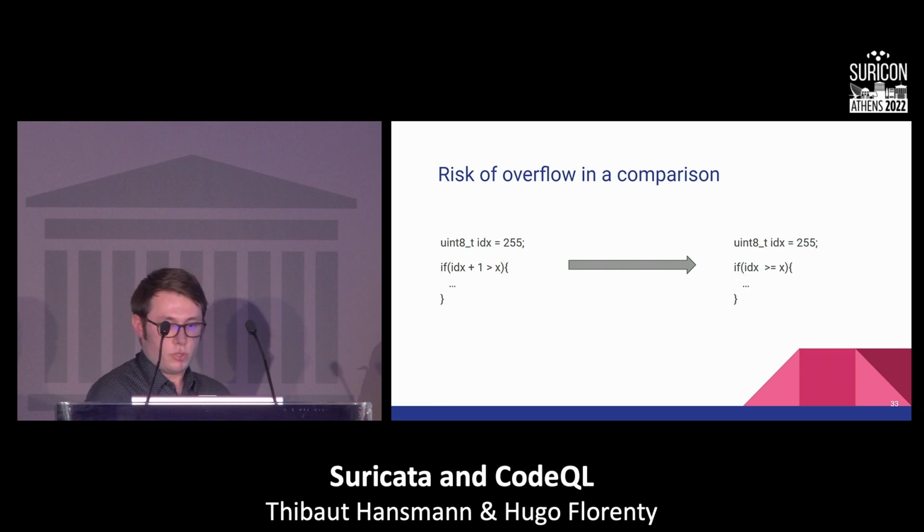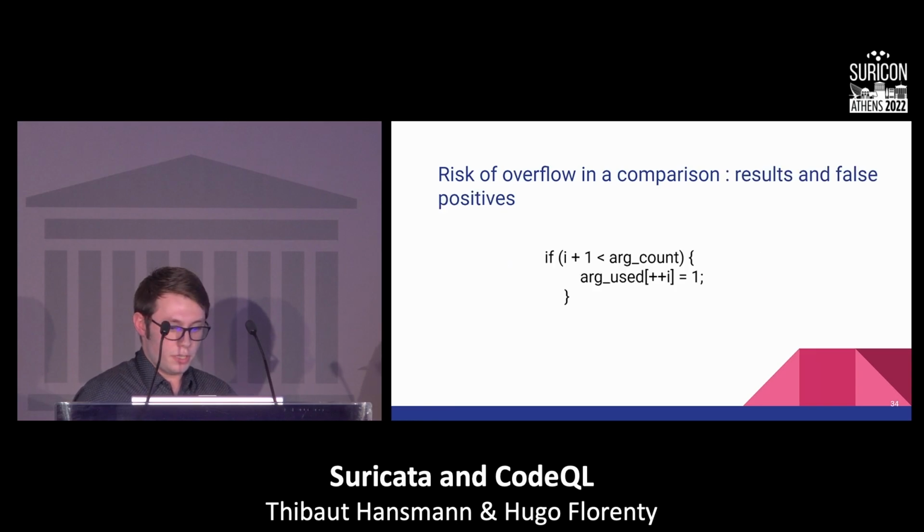And the way to change that is to simply use superior or equal, or any comparable operator, like inferior or equal, for example. And so we ran this query on the projects.